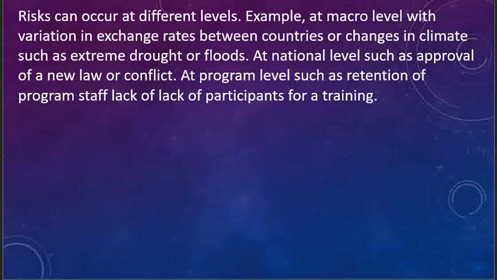At program level, you might have issues with recruitment and retention of your staff, and also you might lack participants for the training. So there are a lot of risks that come in your project, both internally and externally and at different levels.